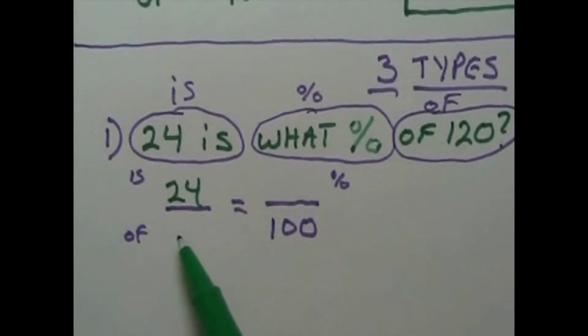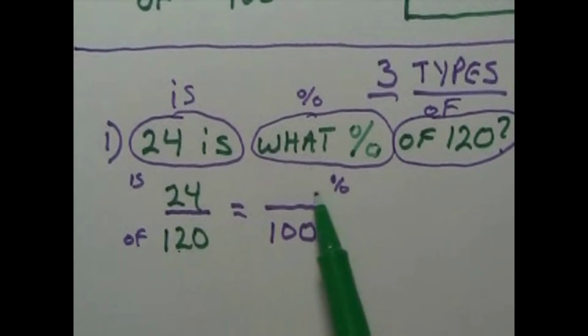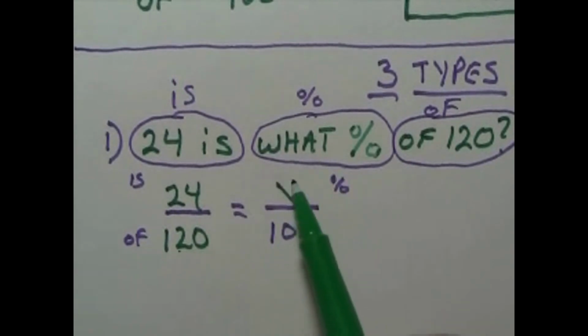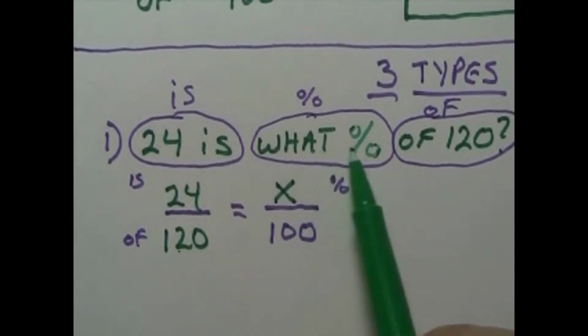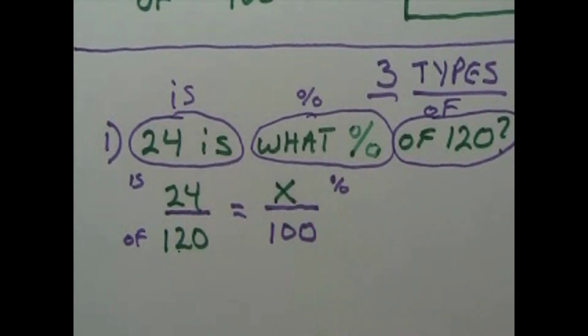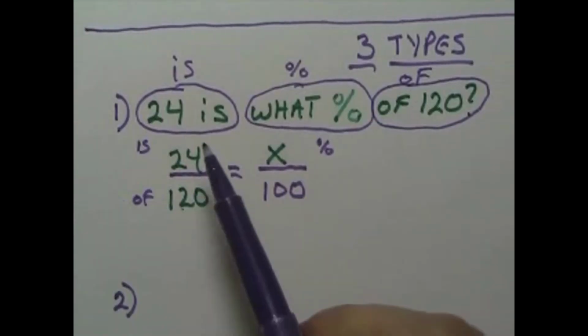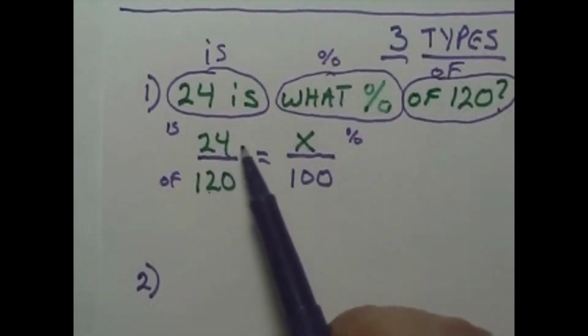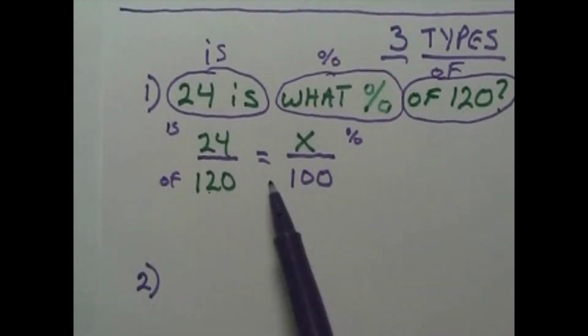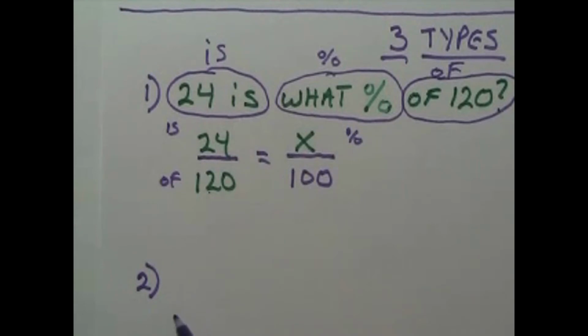Down here at the bottom. That is 120. This is the is number. I don't know the percent number. That's the unknown. I want to know what percent. I need to know that number there. This is the first type of problem. We set up our proportion. Let's solve it later. Let's now go to number 2.